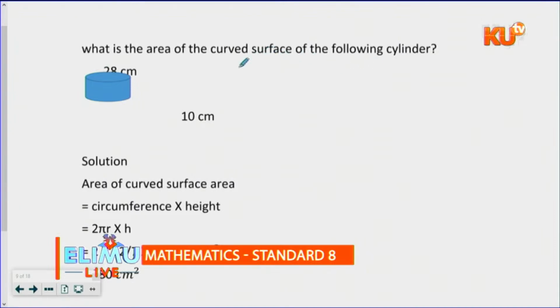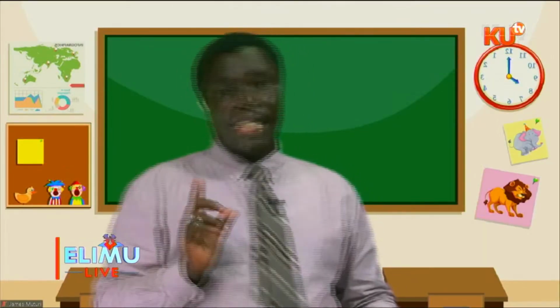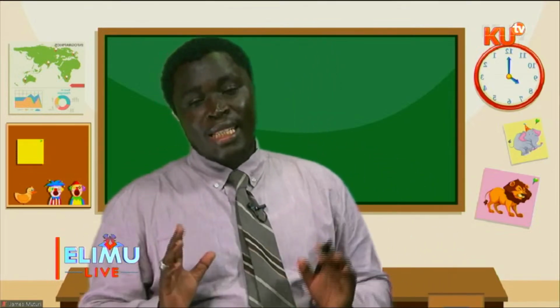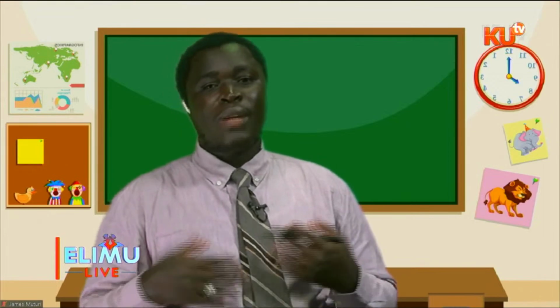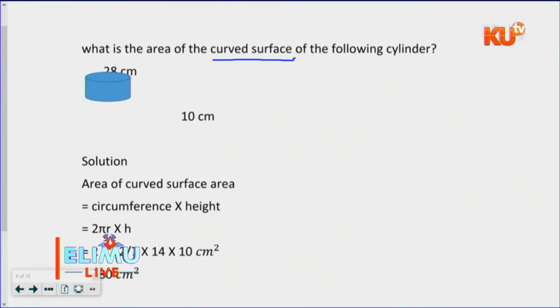What is the area of the curved surface of the cylinder below? I said underline the key words. Somebody will just rush without underlining the key words and then work out the surface area of the cylinder. But look at the question. Very key.